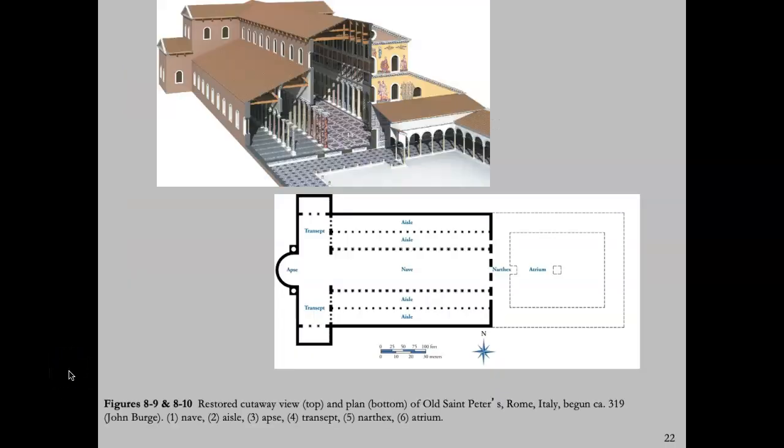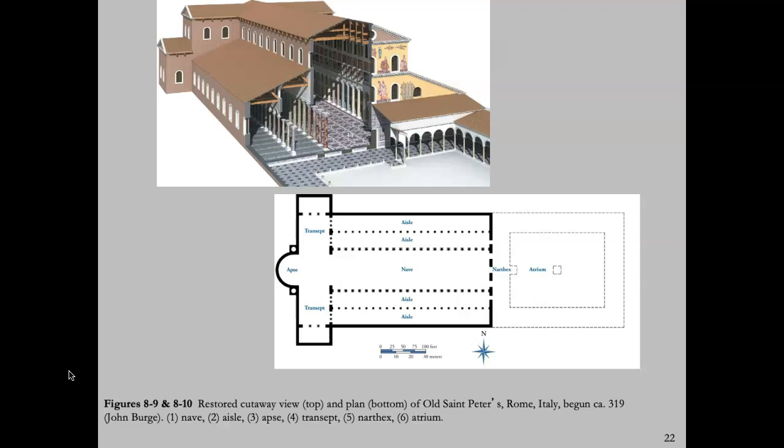I'm showing you here a reconstruction of one of the first churches built, Old St. Peter's in Rome. And this no longer exists, although we can reconstruct it based on writings and drawings from contemporary scholars. So we have a sense of what the plan looked like. After it was destroyed, it was replaced by the current St. Peter's in the Vatican City.